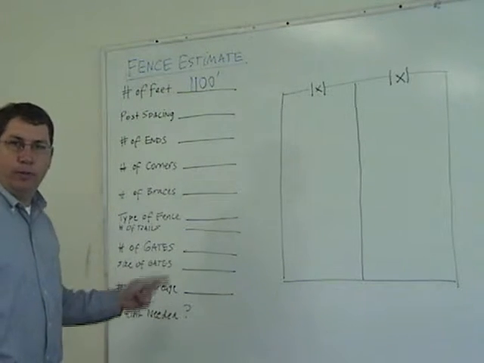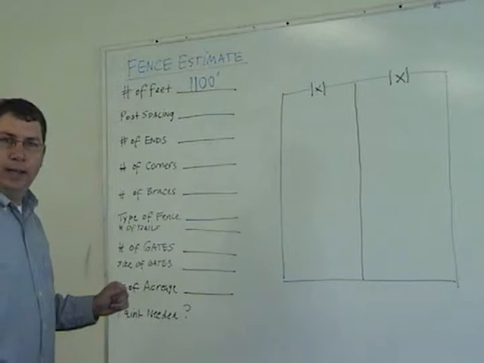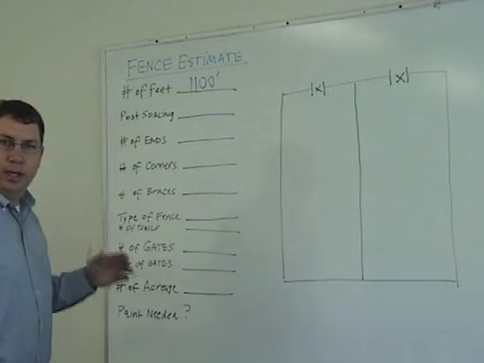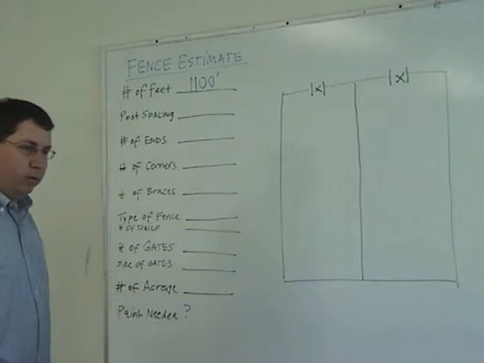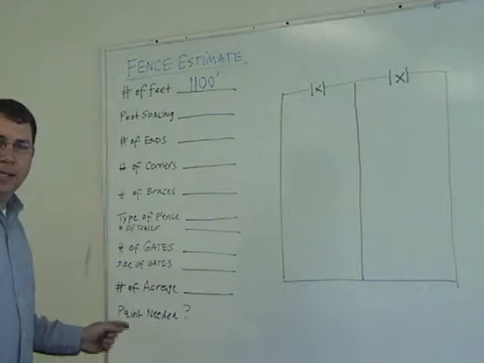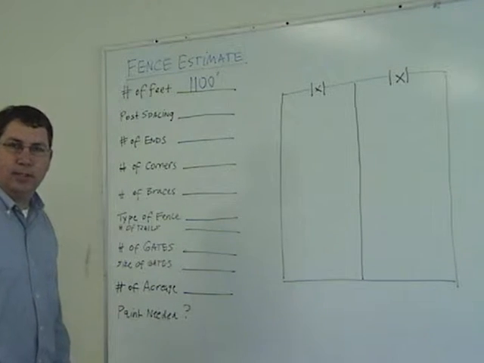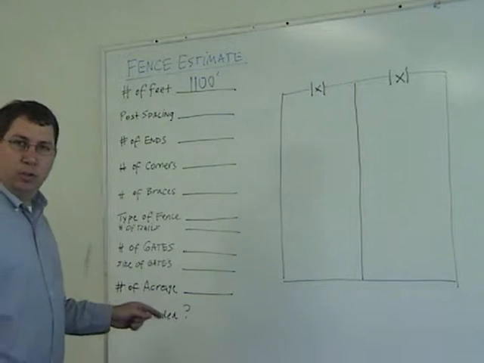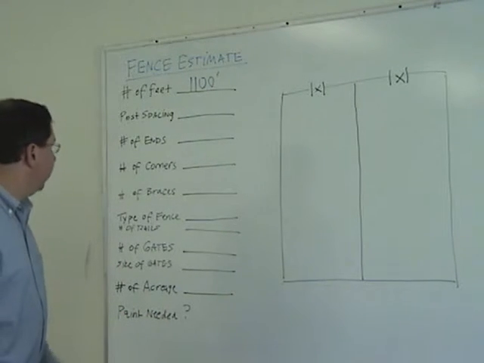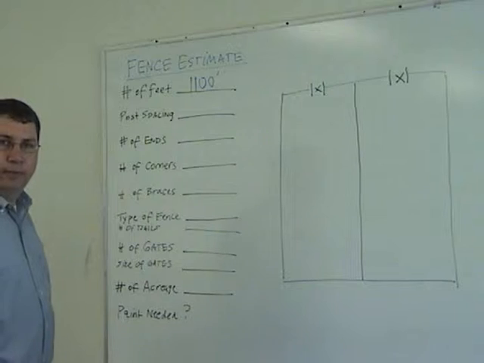You take that number and multiply it times 4, and that's the conversion factor between acreage to feet. So square acreage to feet. So if a customer needs 8 acres of fence, you take 8 times 43,560 times square root, and that'll give you one side. But for this example, we're just going to do 1,100 feet.